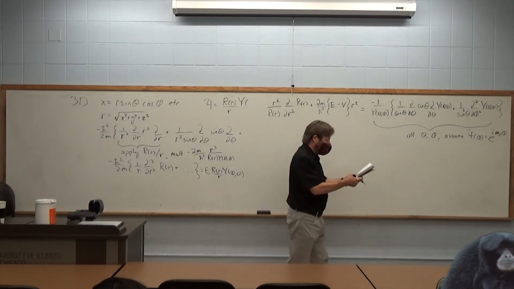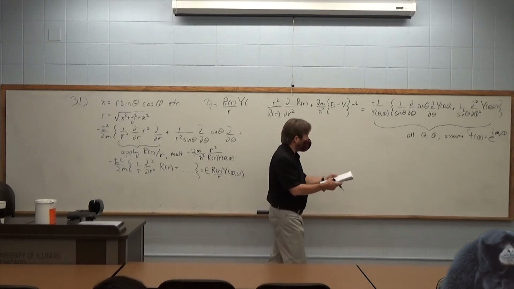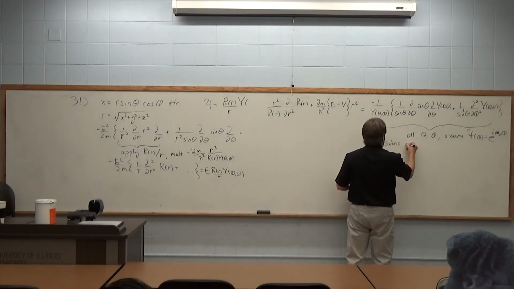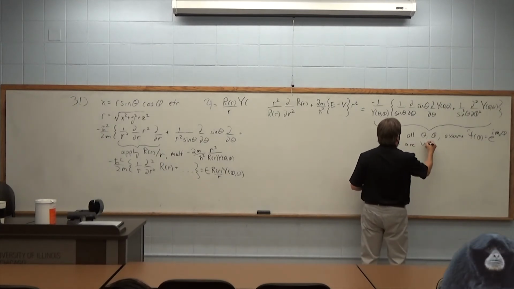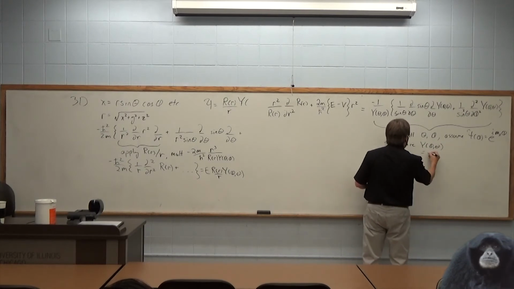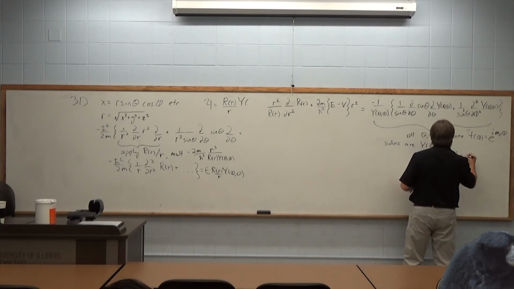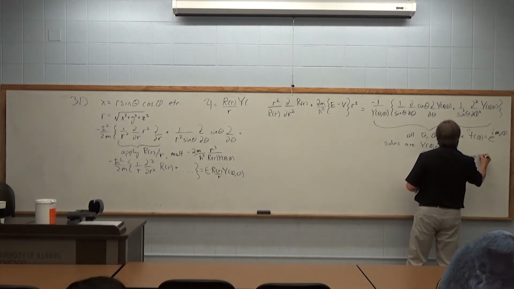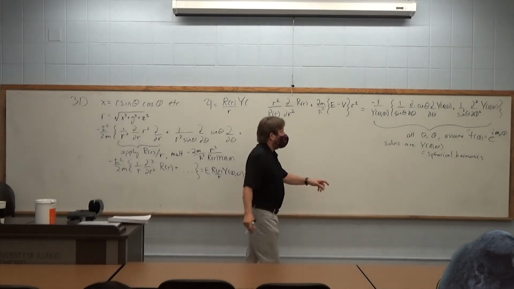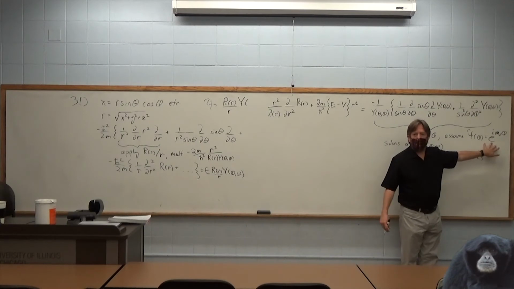Now, when you do that, the solutions are what I've already called them, the spherical harmonics. Recall when we did the particle in a ring, there's only one angle, and when I did this, we were done.